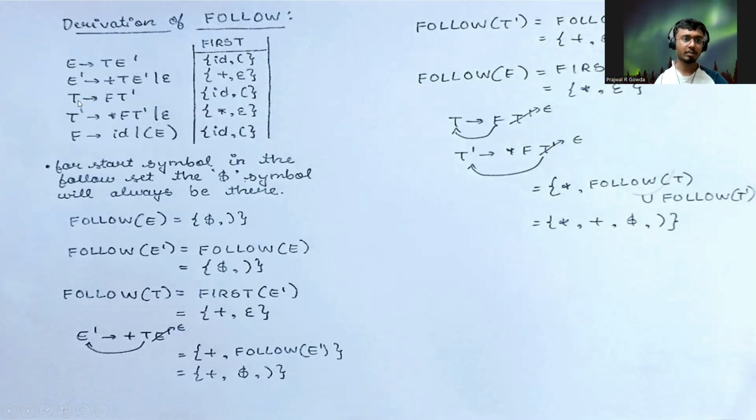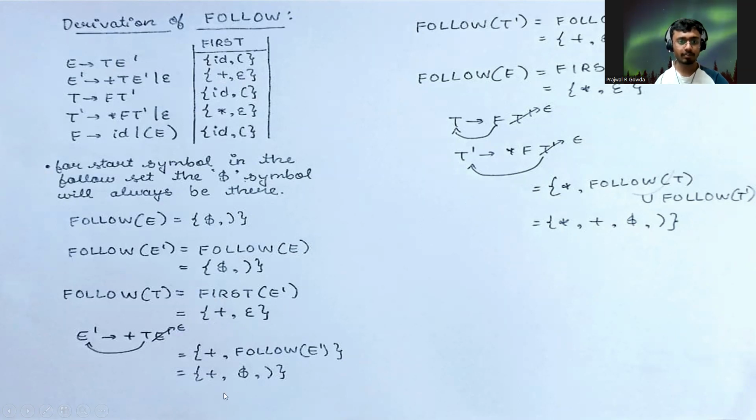Next non-terminal is T. For the follow of T, let us consider the productions where T is present, which is in this production. In this production, it is followed by E dash, which is a non-terminal. So if it is followed by a non-terminal, then we consider the first of this non-terminal.